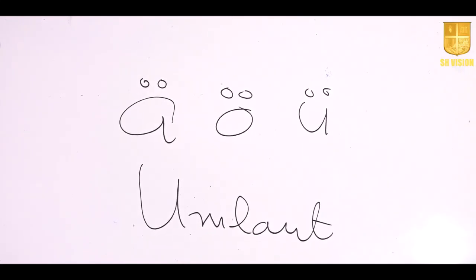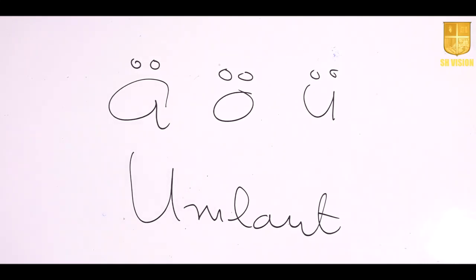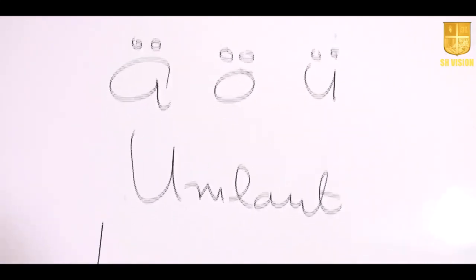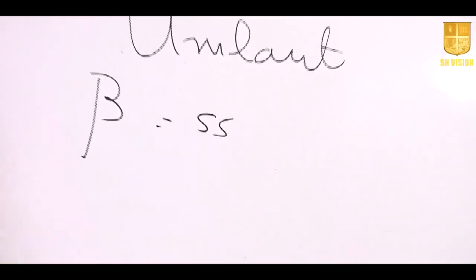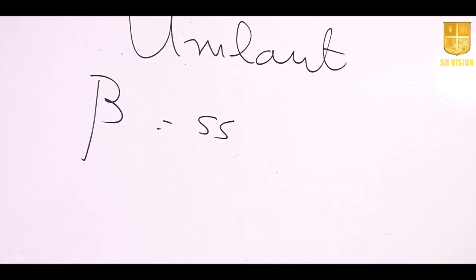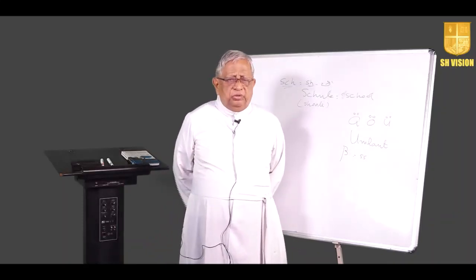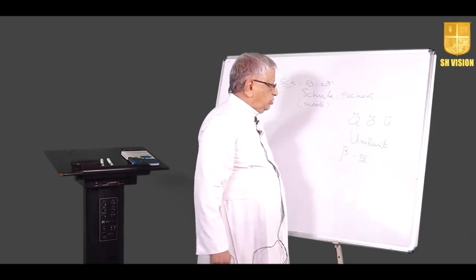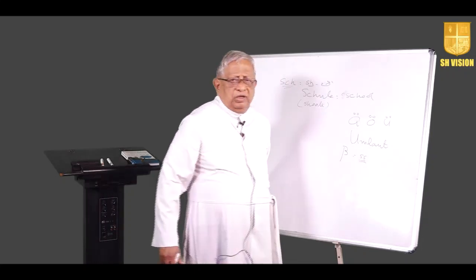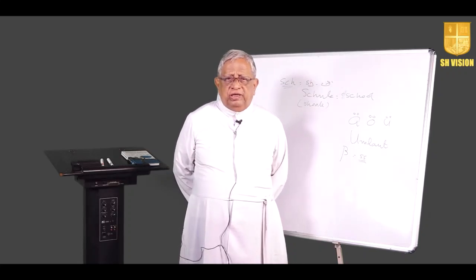The 4th additional letter is double S. If you don't have that particular letter in your computer, you can substitute it with 2 S's. So this is about the alphabet in general.